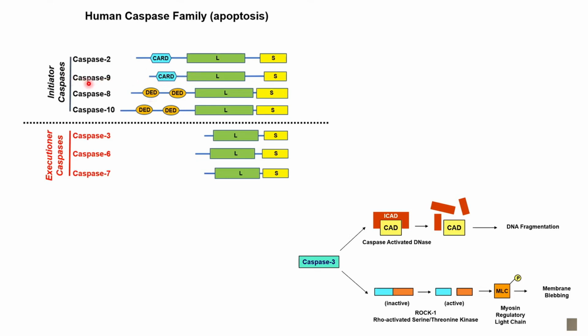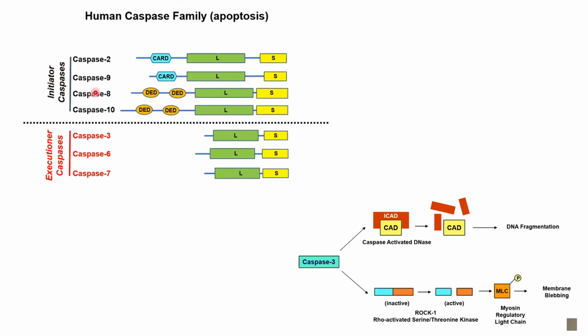Okay, so caspase will get activated after binding to the adaptor proteins. And after that, caspase will get activated and it will lead to activity on the target protein. Okay, so this is the initiator caspase, and among the executioner caspases there are caspase 3, 6, and 7.